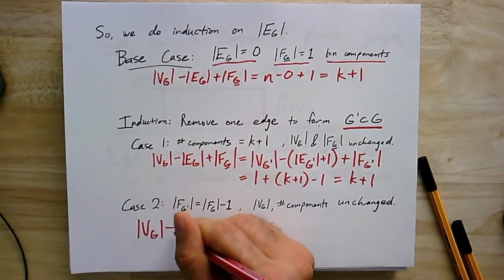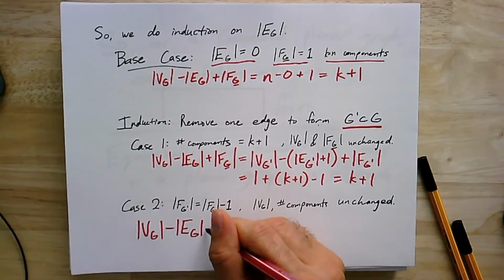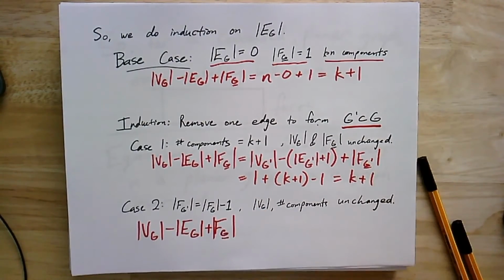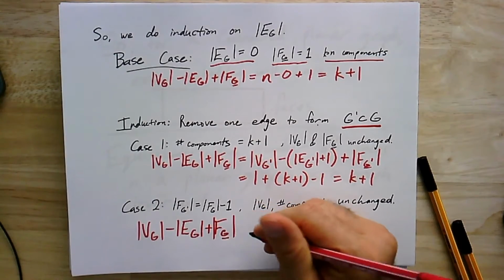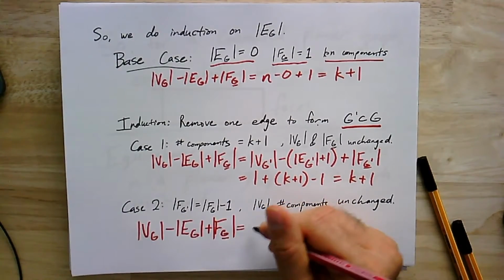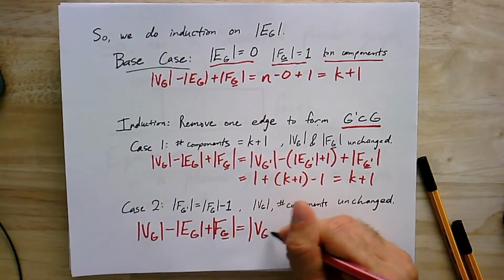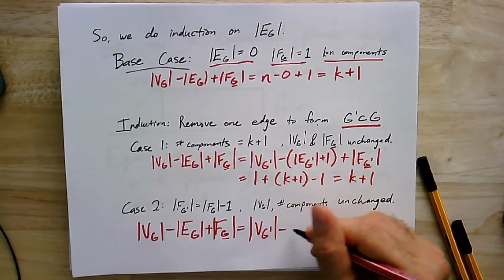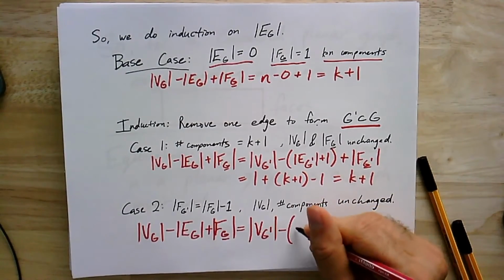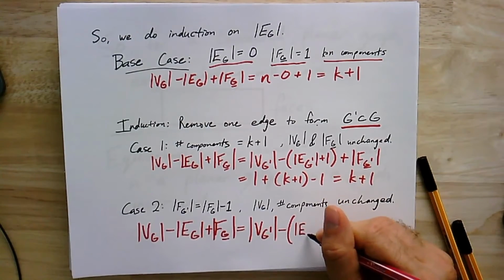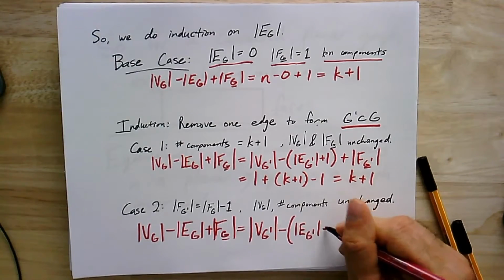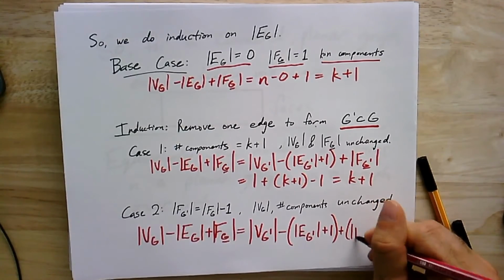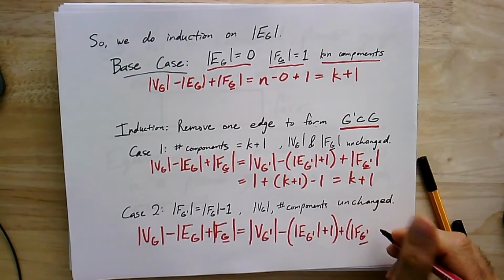So V of G minus E of G plus F of G, I'll try to be careful to underline these G's for now for this particular embedding, is equal to the number of vertices in the new graph minus the number of edges in the new graph, which of course is one fewer, and plus the number of faces now, which is F plus 1.